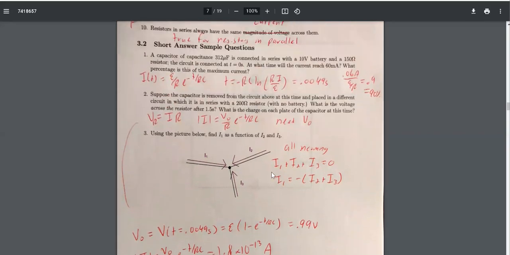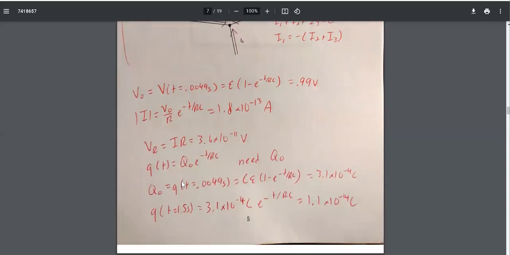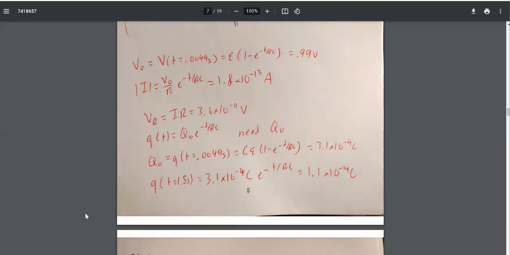So we'll have to go back up to this first problem here, use the equation for a charging capacitor, and solve for the charge at the time at which it was disconnected, which we saw was 0.0049 seconds. So this is the equation for a charging capacitor. We know the capacitance, we know the EMF of the battery, we know the time, the resistance, and the capacitance. So we can solve for how charged it was initially. And then we can plug that back into this equation and find the charge on each plate. Okay.